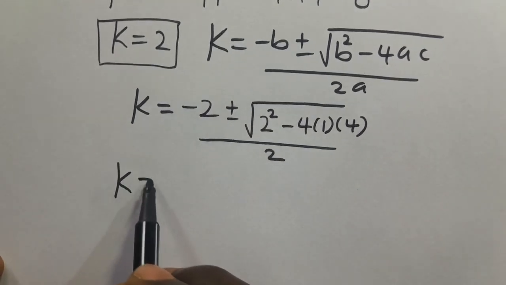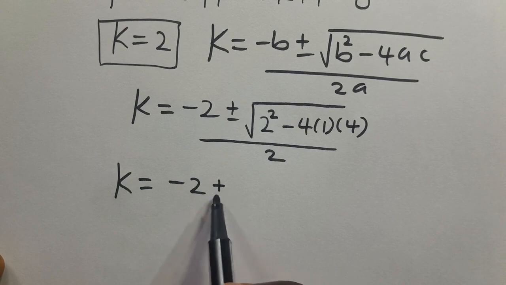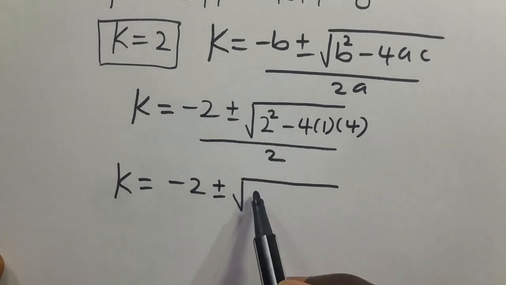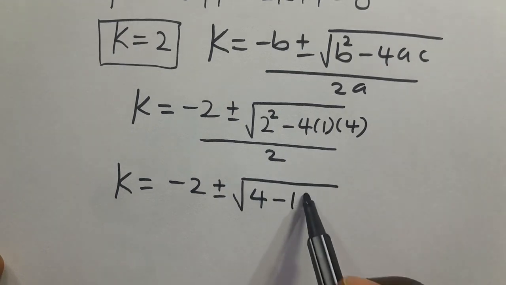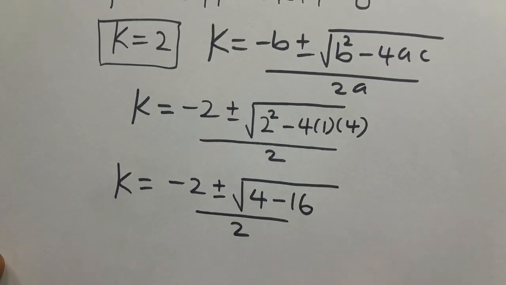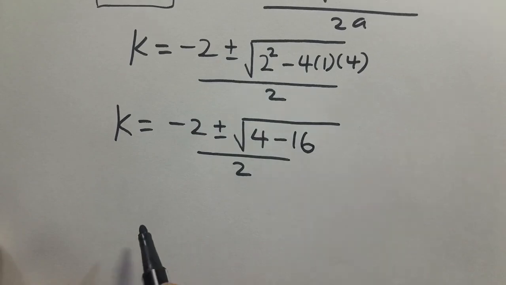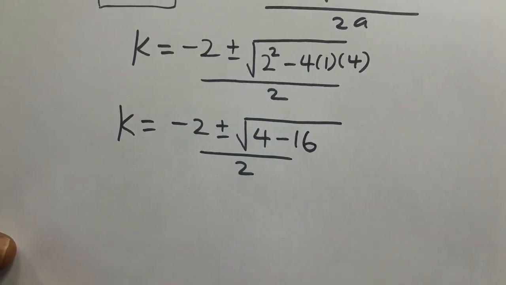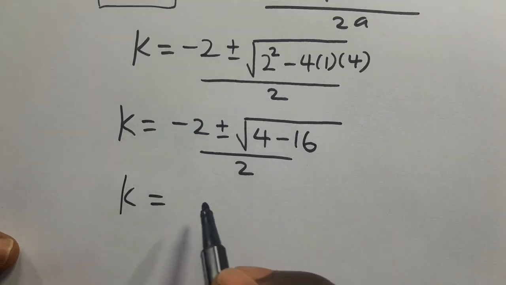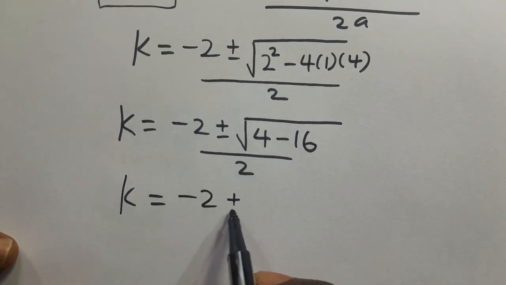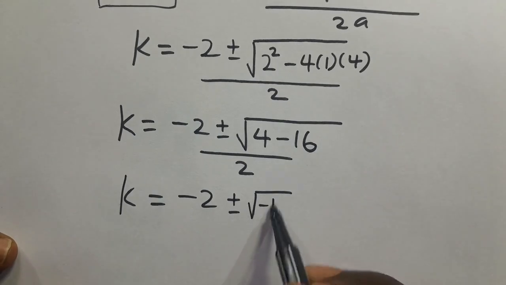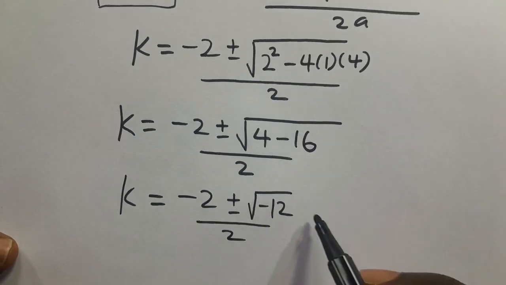So we have k equals minus 2, positive or negative, root of 4 minus 16, divided by 2. So k equals minus 2, positive or negative, root of minus 12, divided by 2.